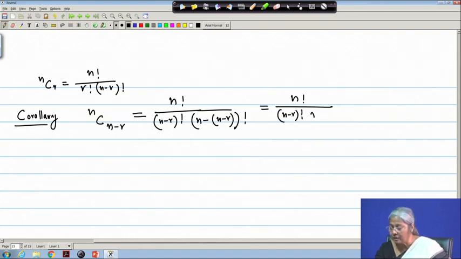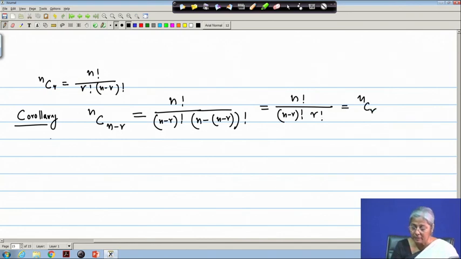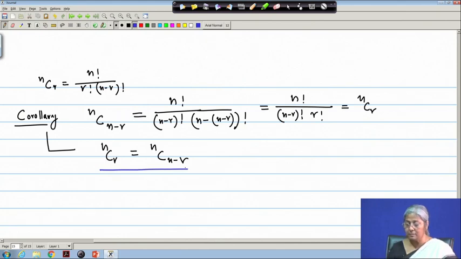This is equal to NCR. So, the corollary is that NCR is NC n minus r. So, I can give this also.